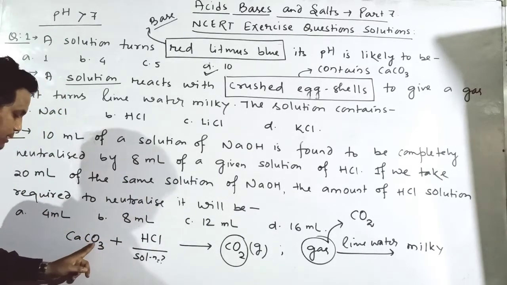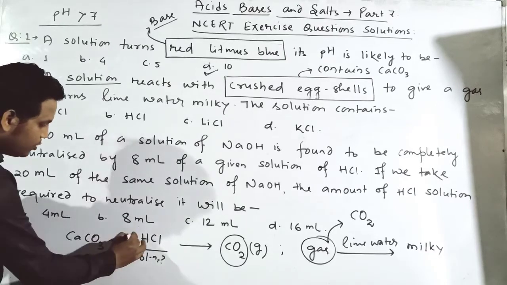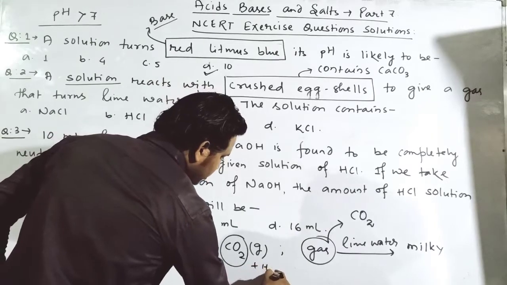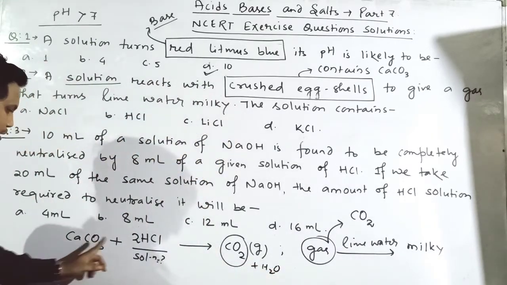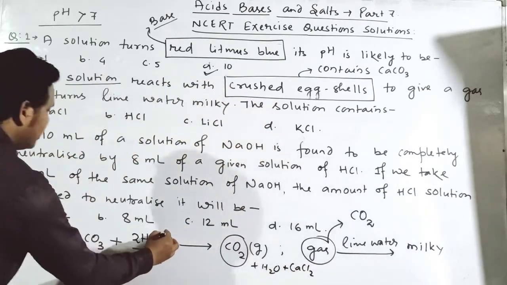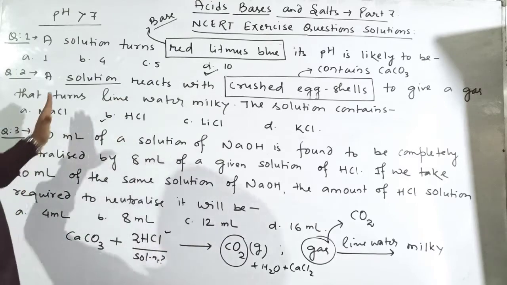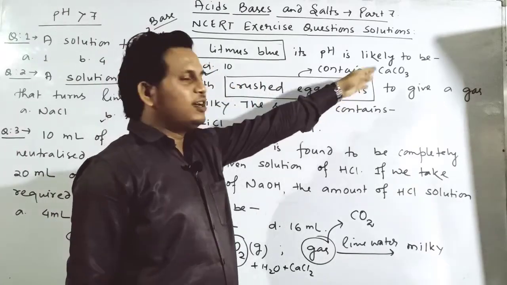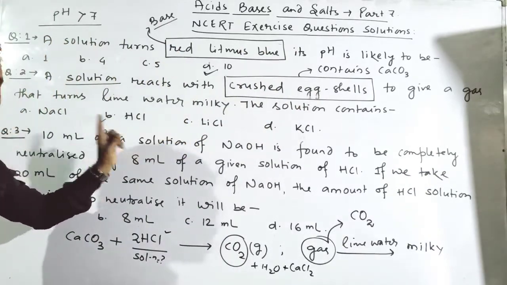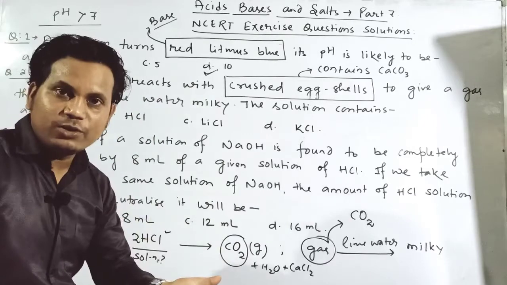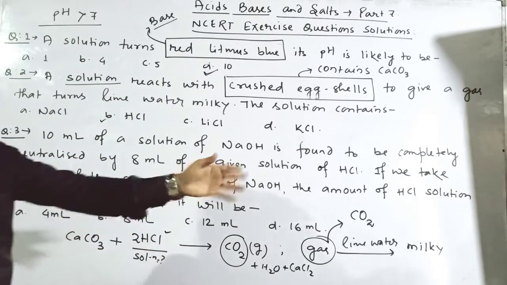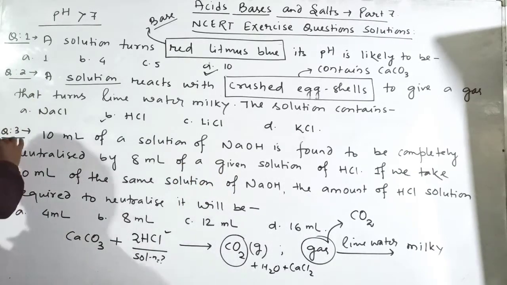CO2 is emitted, and water, two hydrogen and one oxygen, will be there along with CaCl2, calcium chloride. So our answer will be HCl. So crushed eggshell contains calcium carbonate, which reacts with HCl acid to produce carbon dioxide gas. That carbon dioxide gas converts lime water milky. Okay, proceed to the third one.